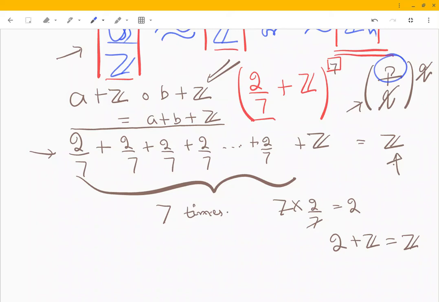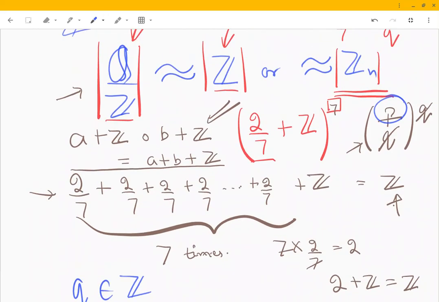And what are the options for the denominators? Q, which is the denominator, can belong to the set of integers, which is itself uncountable. So we have uncountable choices for Q, right?